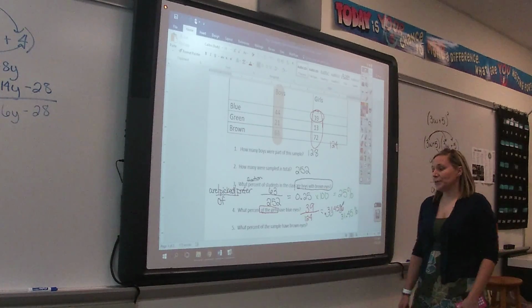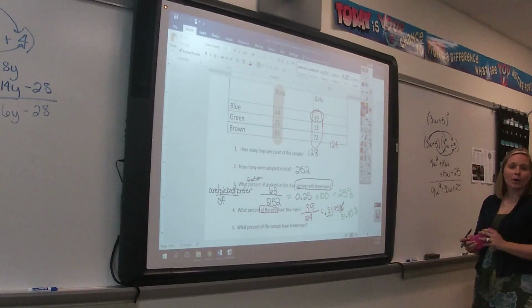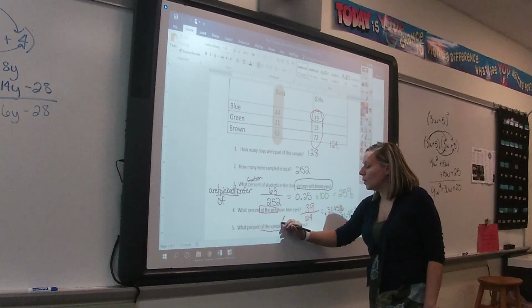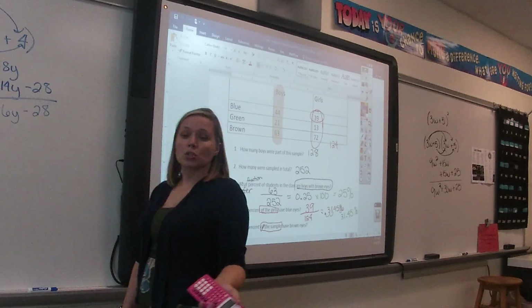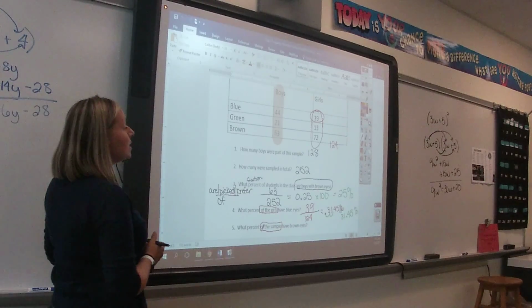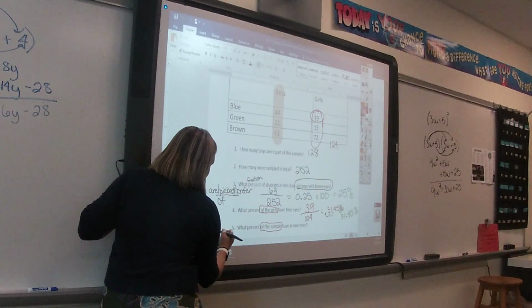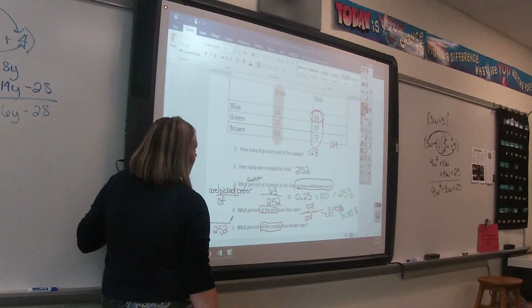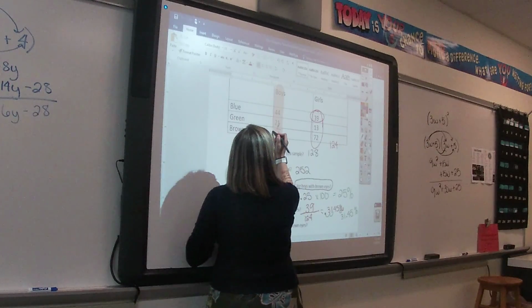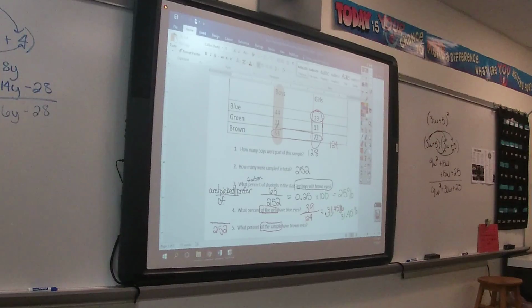Number 5. What percent of the sample have brown eyes? So we need what percent of the sample? The sample means what? All of it, all of them. So what is the entire sample total? 252. 135 have brown eyes. Okay, so Dylan, you were saying to add these two things together, and that gives us 135.